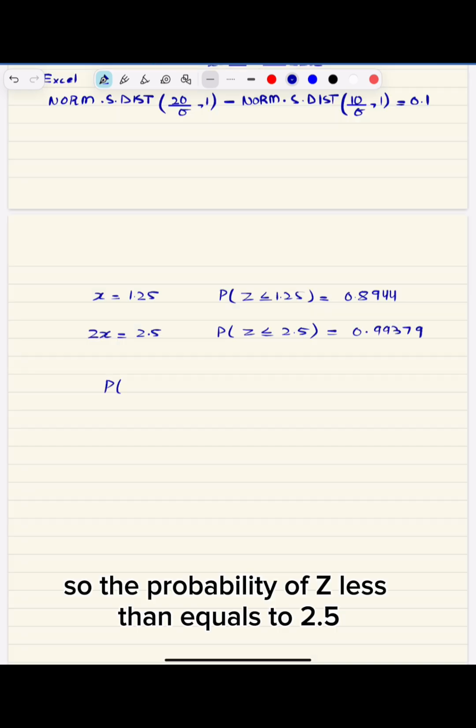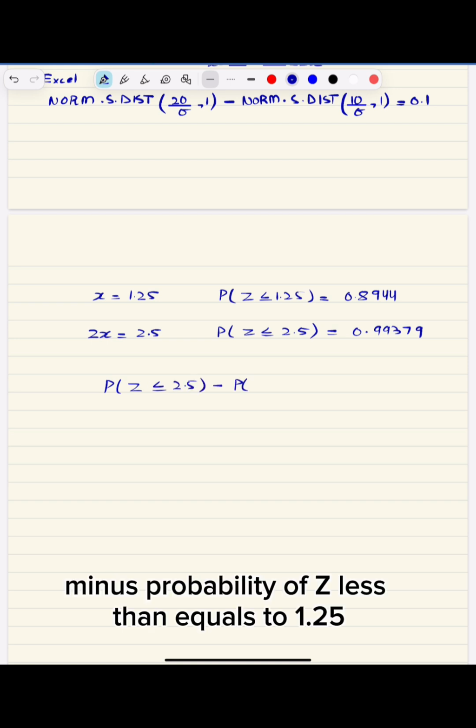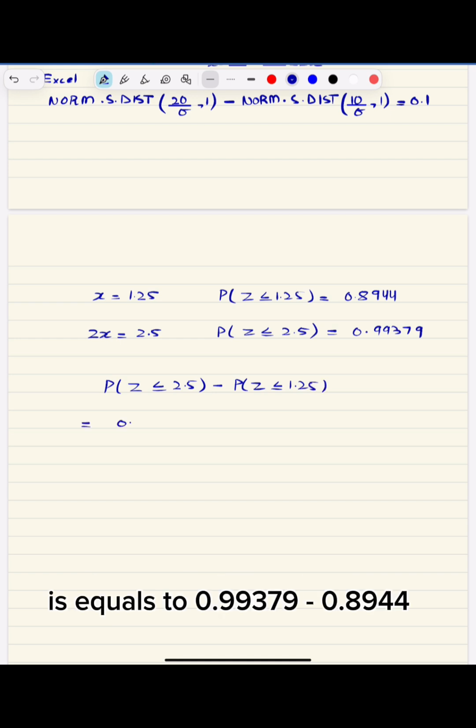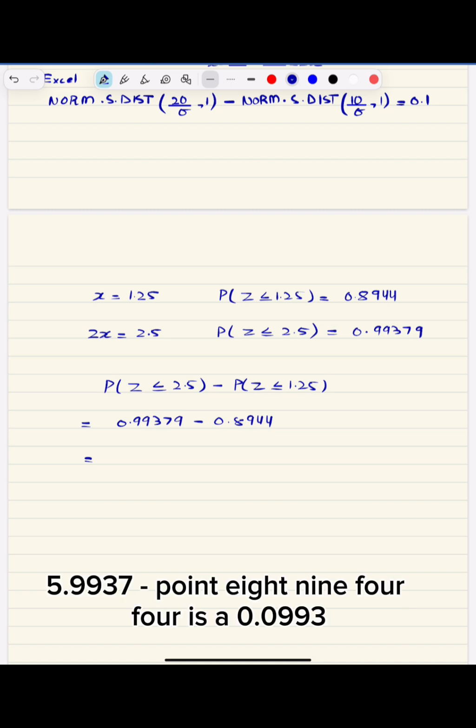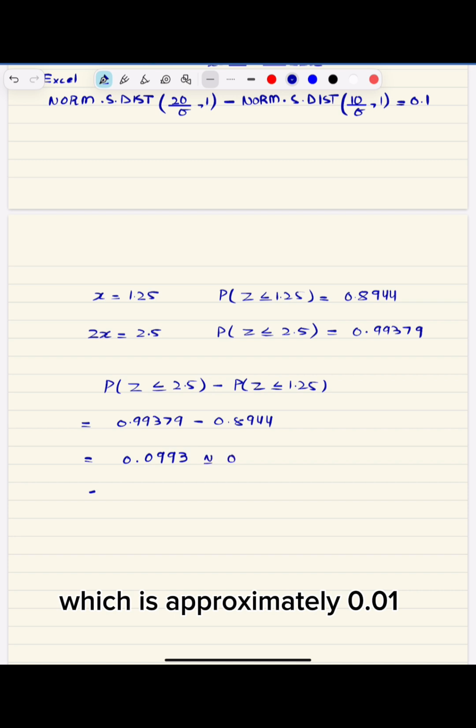So the probability of z less than or equal to 2.5 minus the probability of z less than or equal to 1.25 is equal to 0.99379 minus 0.8944, which is, let me take my calculator out, 0.9937 minus 0.8944 is 0.0993, which is approximately 0.01.